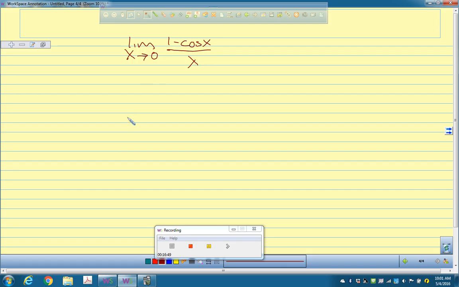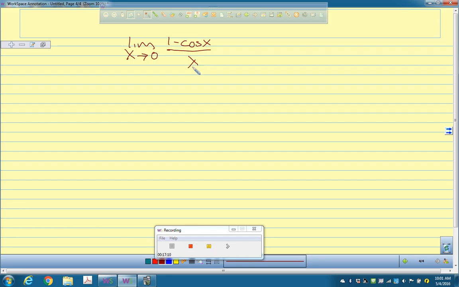Basically, you take the derivative of the top and the bottom, which you'll learn to do, and then you plug in, and it becomes easy. But in this case, you don't really know that. This one you can't multiply by a conjugate or anything, because you're still going to have an x down here, and it's still going to be undefined.